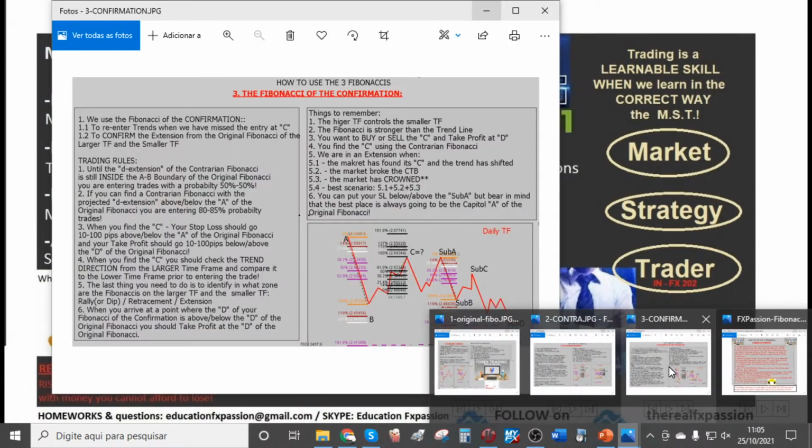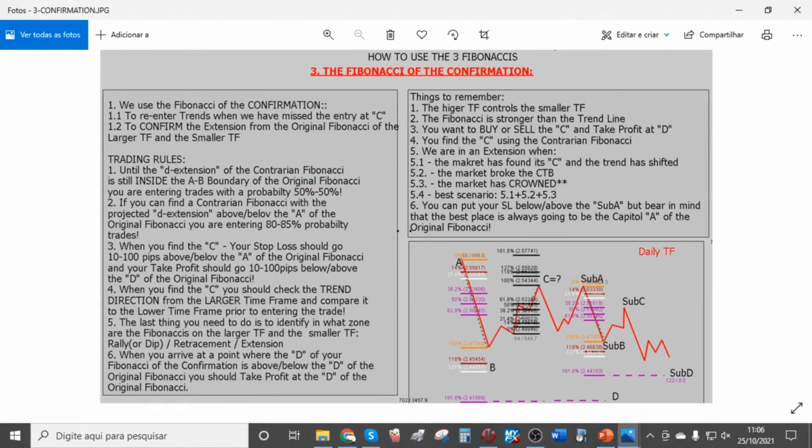Okay, now that being said, we are at the lesson Trading Fibonacci Numbers, how to find the confirmation Fibonacci in an uptrend, everybody. So type in the chat, everybody, a currency pair that you think is in an uptrend. In other words, it has an up Fibonacci. And we have here the pictures.